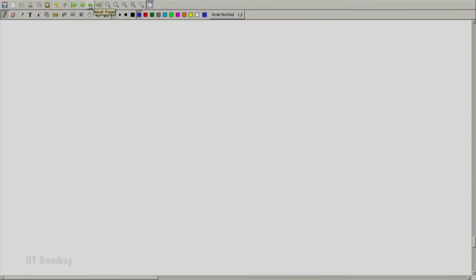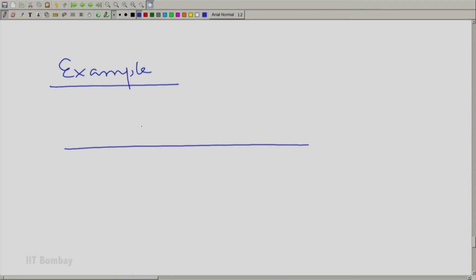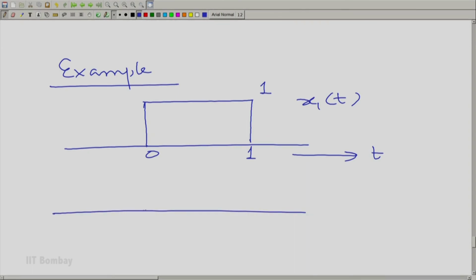In fact, we can take an example. We can find the dot product of these two signals. Let us define x1(t) to be 1 between 0 and 1, and let us define x2(t) to be a ramp between 0 and 1. In fact, we could even take that ramp to infinity. So, x2(t) is equal to t times u(t), so to speak.